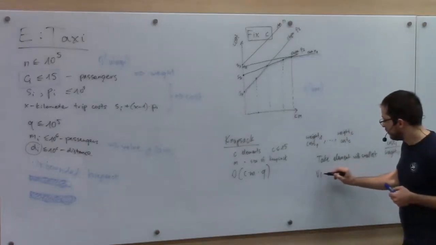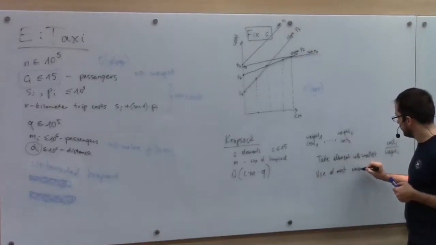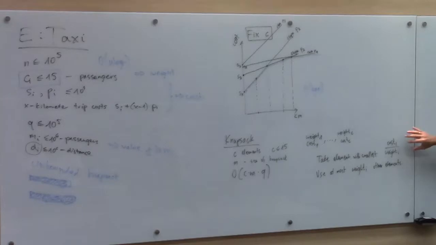So we will use at most weight I other elements. If we have a big knapsack, we will put many of this smallest element, and at most this number of other elements is necessary.